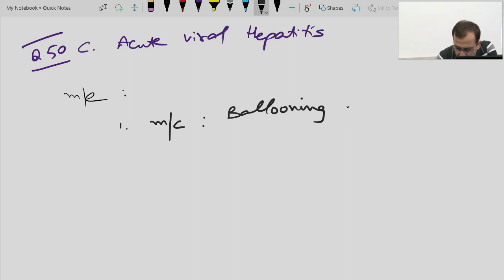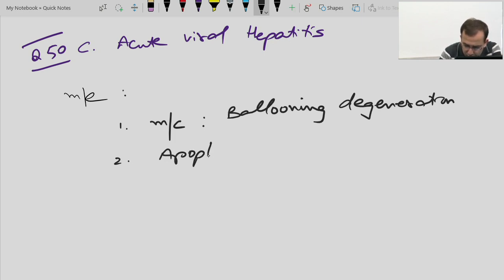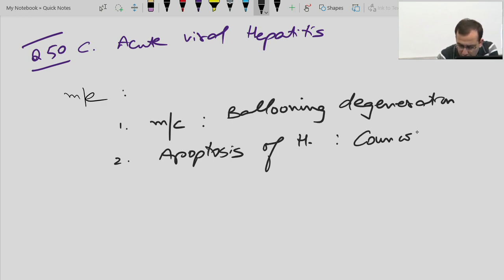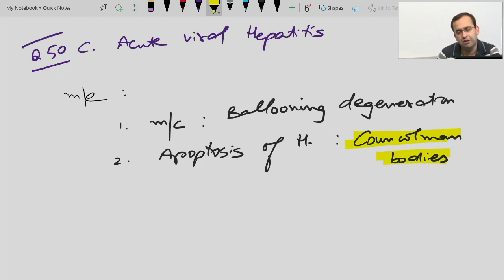Other features are apoptosis of hepatocytes, which are called Councilman bodies. This was what was given in the image, Councilman bodies.